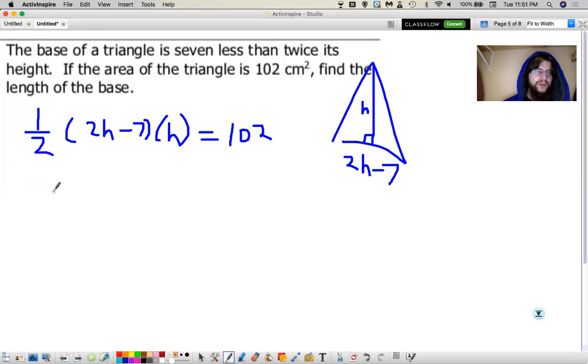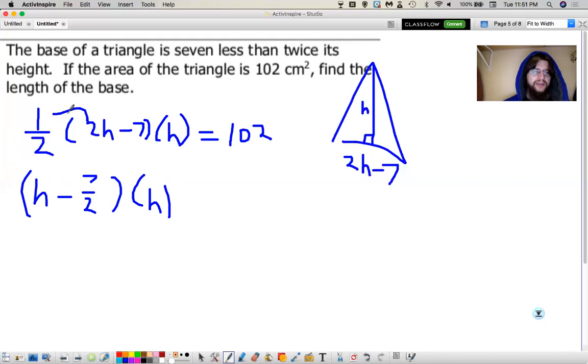So distributive property, I'm going to say it's H minus 7/2 times H. I just substituted that half here. And I'm going to move the 102 over in the next step, just because I don't want to do too much in that one step. Distribute the H. And now go ahead and subtract 102 from both sides.